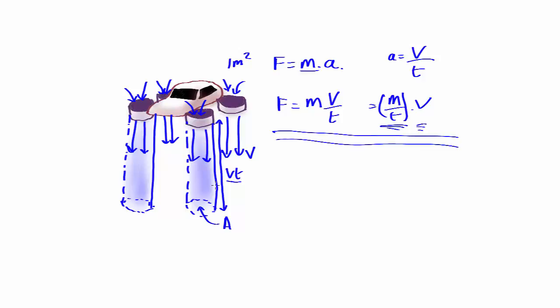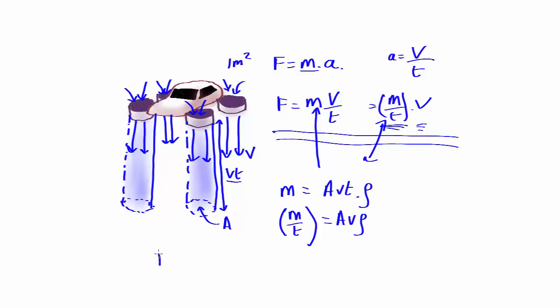Okay, so we can therefore work out what the mass, or precisely the mass per unit time, is. So the mass in a time t is going to be the volume. And the volume for a cylinder like this is the area times the length, so the volume is A v t, times the density of air, rho, which is about 1. So that's the mass. The mass per unit time, therefore, is just, t cancels, A v rho.